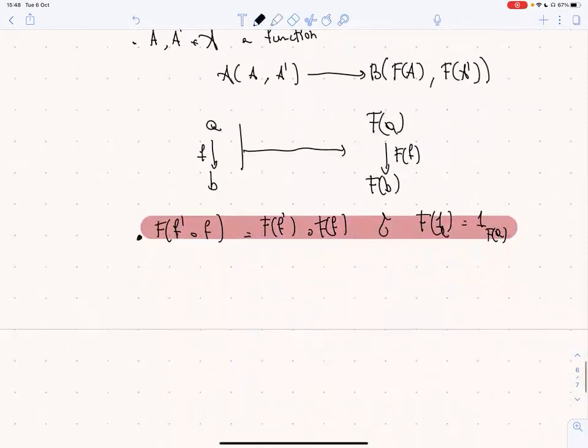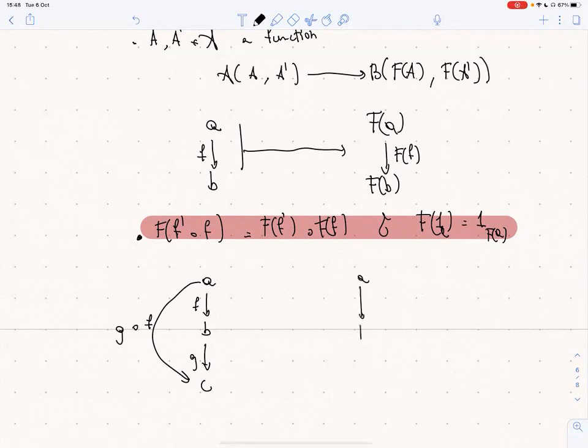So for example, in this one, we have f, g, but then we also have this composition. And we want that, so here we have F of f, here we have F of g, and here we have F of gf.